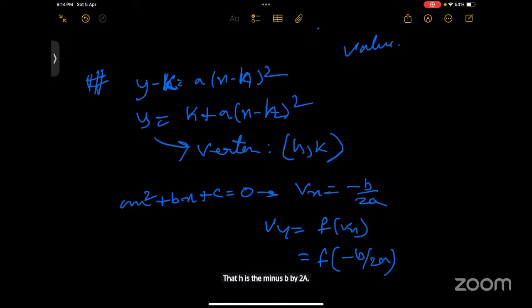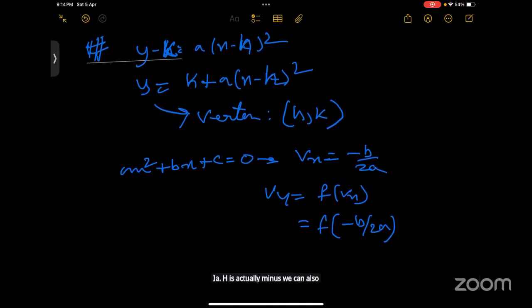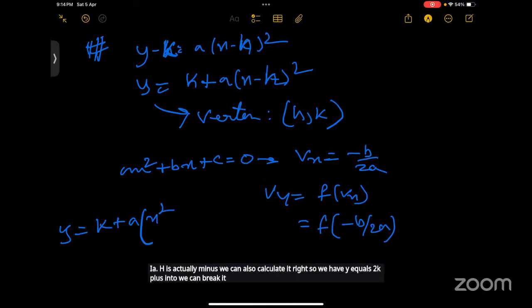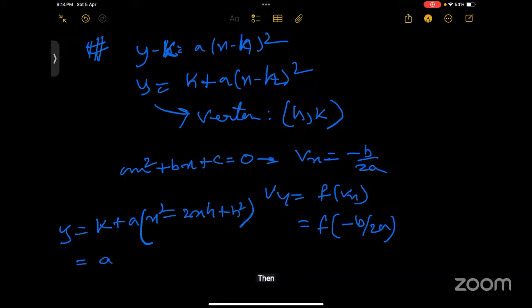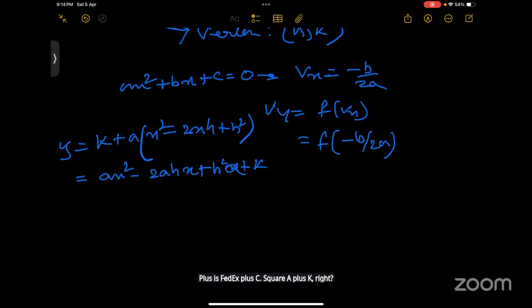H is actually minus b by 2a, we can also calculate it, right? So we have y equals k plus a into (x minus h) square, we can break it. So it will be x square minus 2xh plus h square, right? Then it will be a x square minus 2ahx plus a h square plus k, right? So we can rewrite it with b and c, and a is by itself.